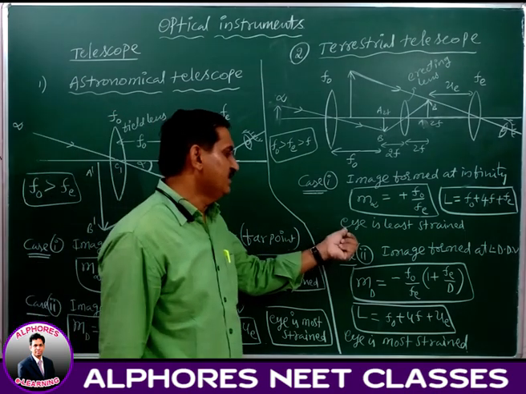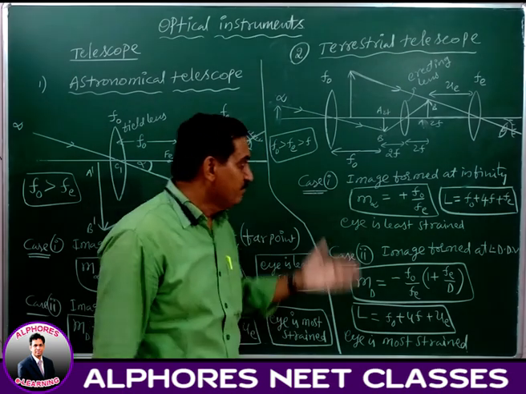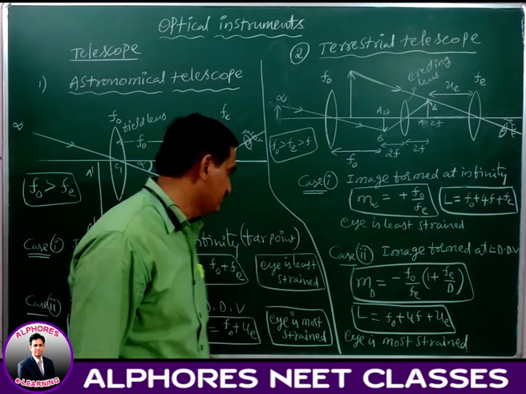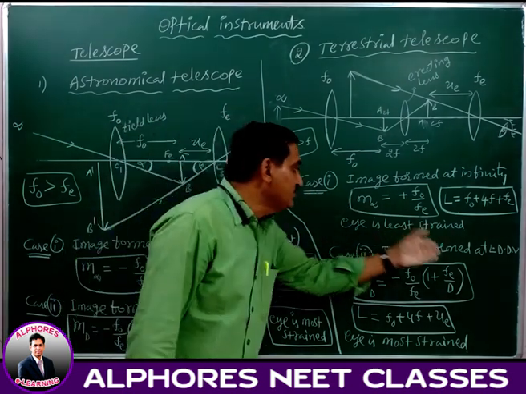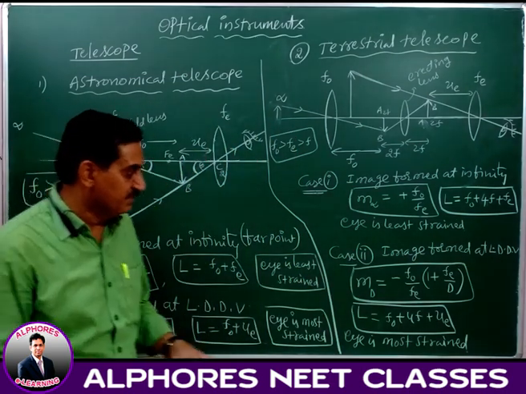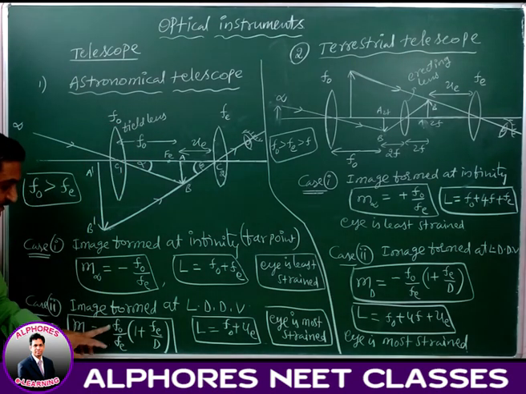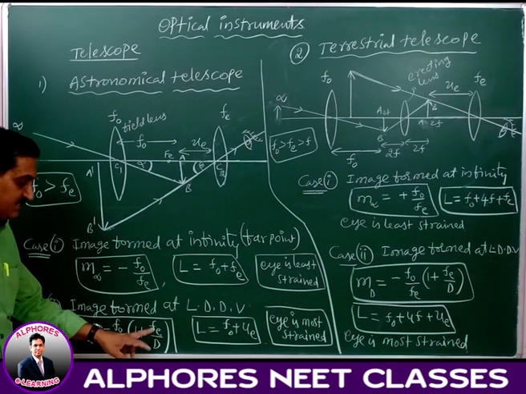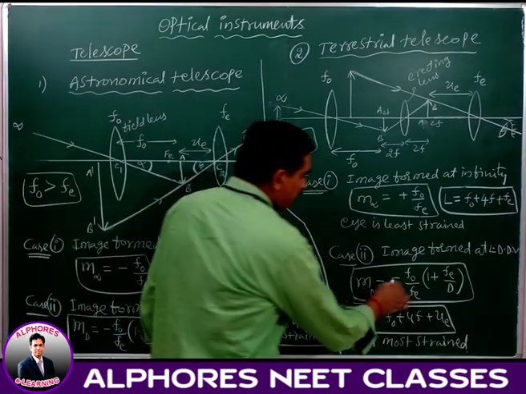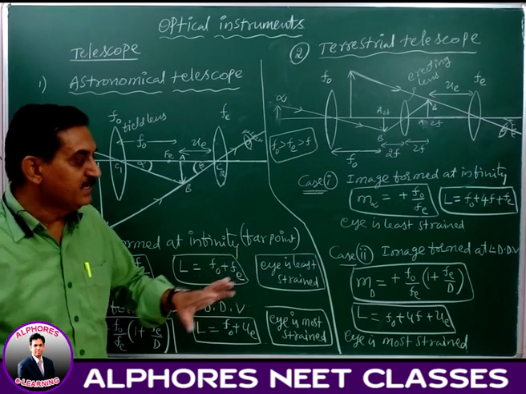Again, same condition, same statement: the eye is least strained because magnification is less in this case. And in case 2, the image is formed at LDDV, least distance of distinct vision, where the magnification is minus f naught by Fe into 1 plus Fe by d, or plus f naught by Fe into 1 plus Fe by d.